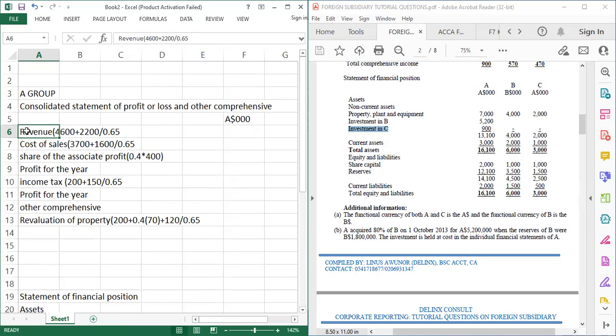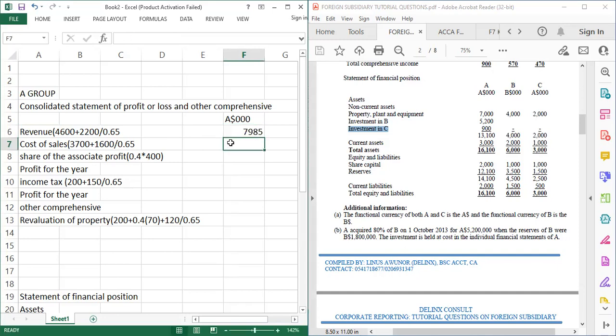How much are we getting? 3384. Let's approximate to the nearest, 3385. Let's add it to the 4,600. That gives $7,985.